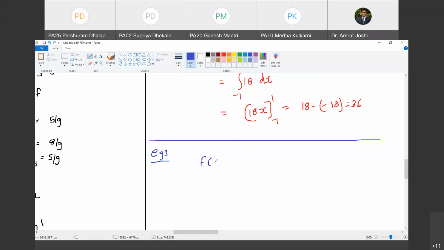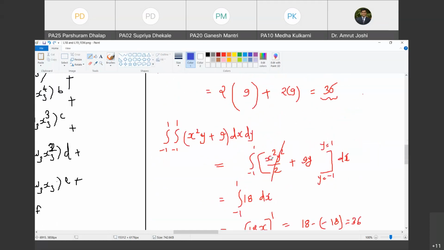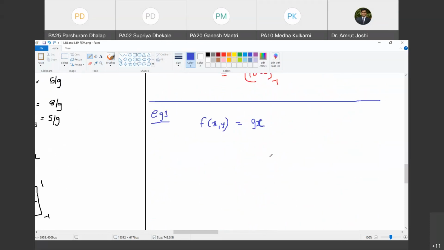Now let us consider the next example. f of x comma y is equal to 9x square minus 9y cube plus 10x cube plus 8y square.